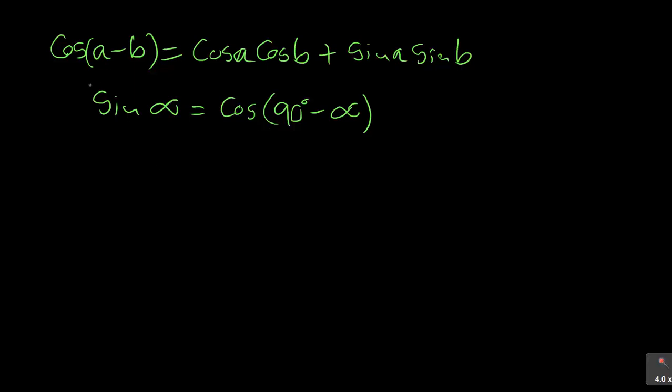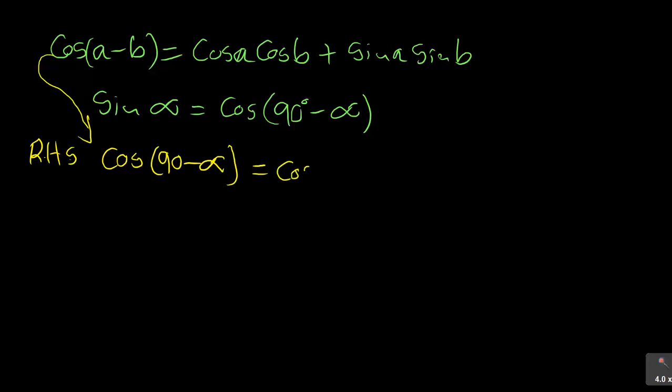So now I'm going to be using, as I said, this compound angle identity. Let me take the right hand side here, and my right hand side is cos of 90 minus that. If I match it with that here, it is equal to cos A. You can see that my A here is represented by 90 and my B is represented by that side.